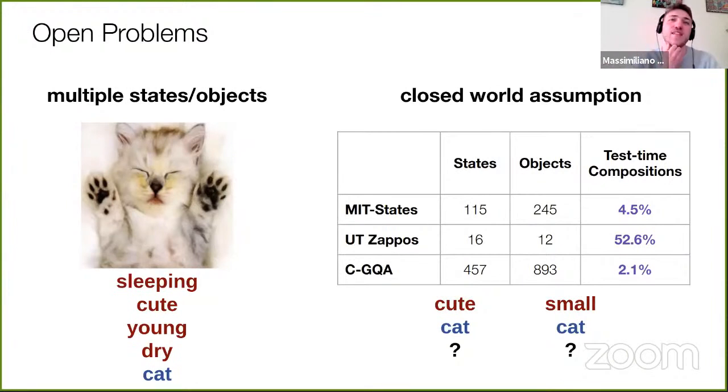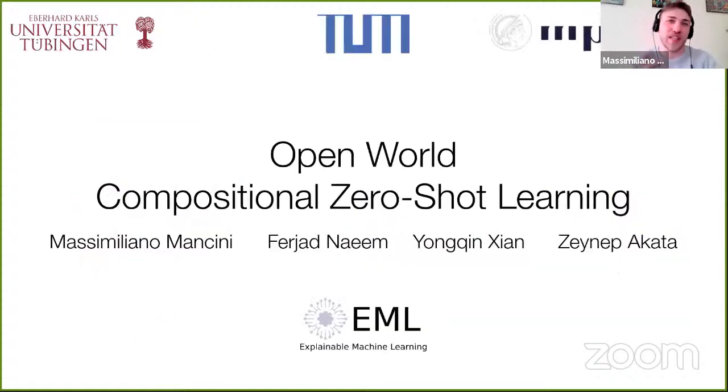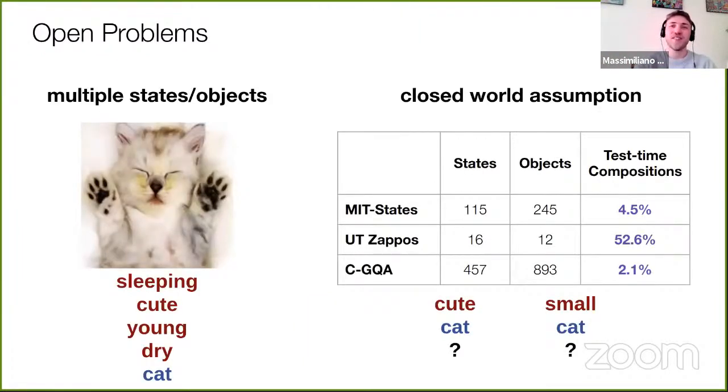And what I'm talking about next is actually a work I co-authored with Ferjad, Yanchin, and Zeynep, and we wanted to go beyond these limitations. So we wanted to work in the open world, where we take as output space the full compositional space. So we don't take percentages, but we go for the 100% this time.